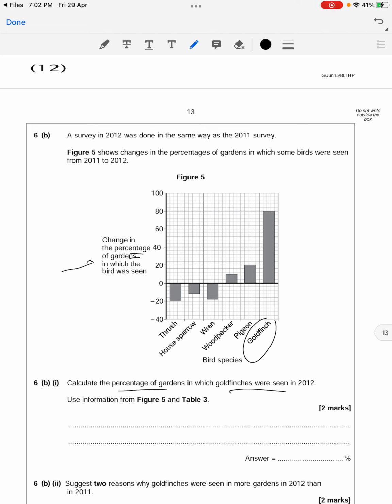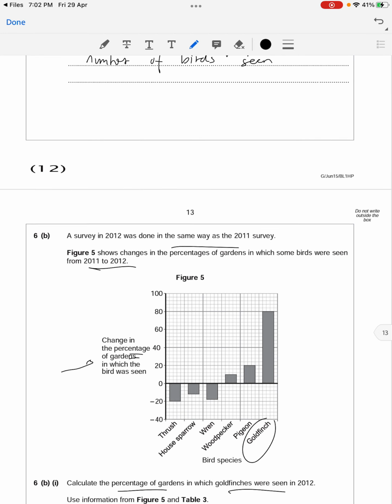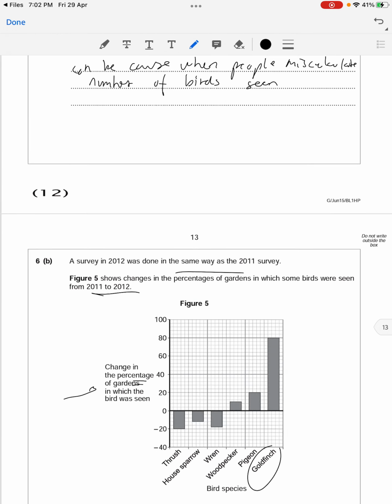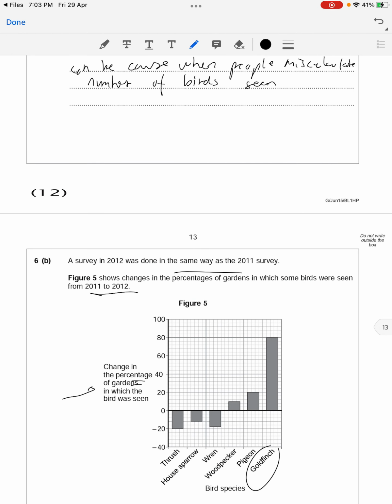The change in percentage of gardens where the birds are seen in 2012. In the change in percentage, we can see the percentage of goldfinches was 33.5, and the change comes up to 80.